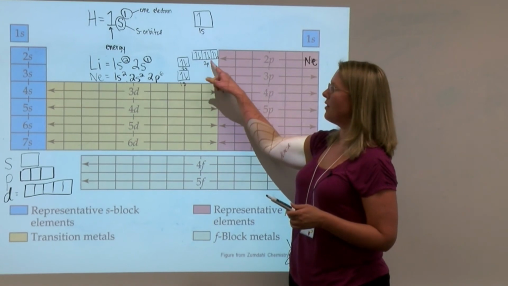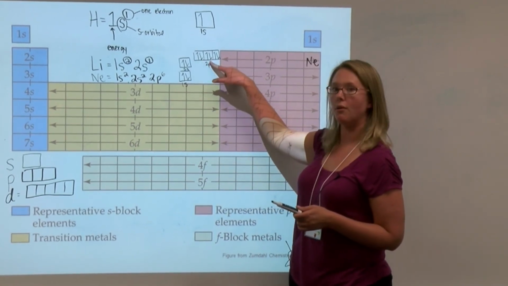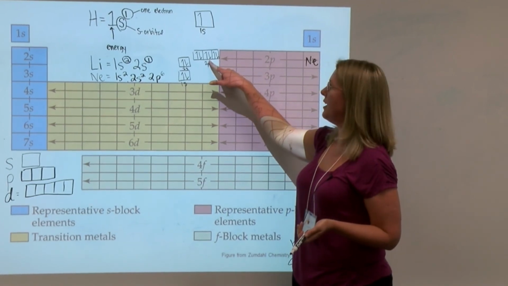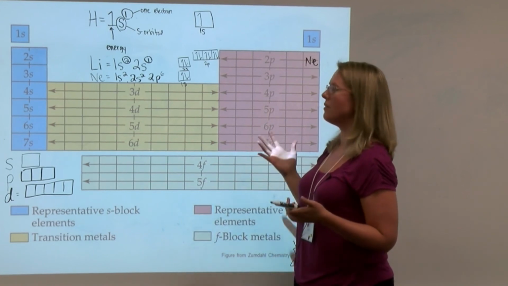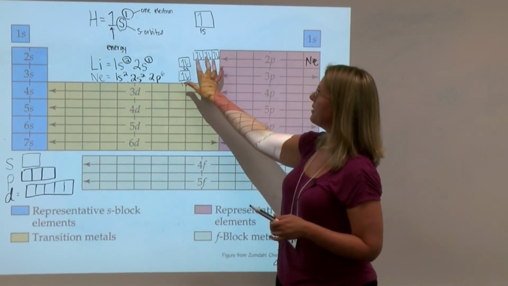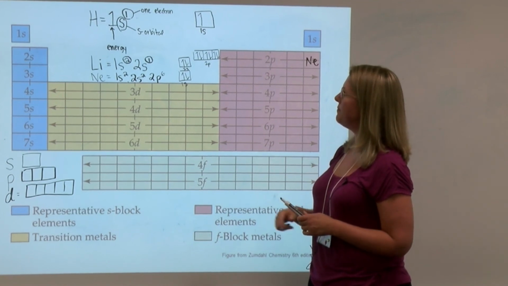And then they have another baby, and that baby's not going to share your room. It's going to go into its own room, right? And so on and so on. So you only start pairing up or sharing rooms when you absolutely have to. And you do this because electrons repel one another because they're both negatively charged.